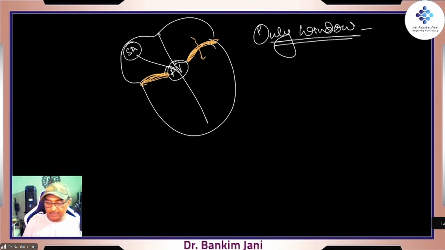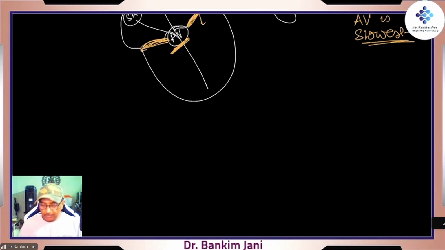Just as a quick reminder, our AV node is the slowest, because that is what leads to proper filling. Now, the AV node can go wrong. Up till now we were talking about the SA node, so we were saying sinus rhythm or sinus tachycardia.